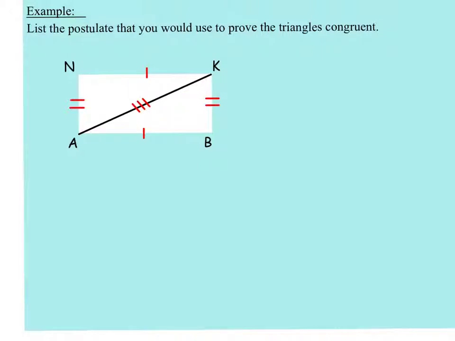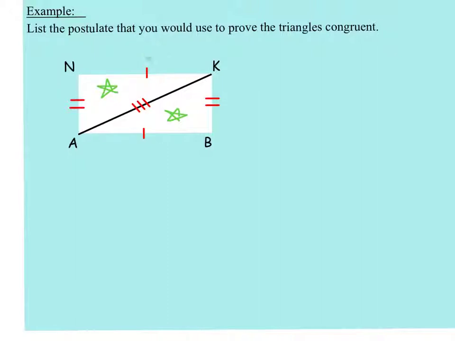We are going to be asked to list a postulate that we could use to prove two triangles congruent. This process is a matter of looking at what is given in the figure and what else we can add to the figure to decide which postulate we could use to declare them congruent. When I look at this picture, I can see the first triangle and the second triangle, and I ask myself what is already given.